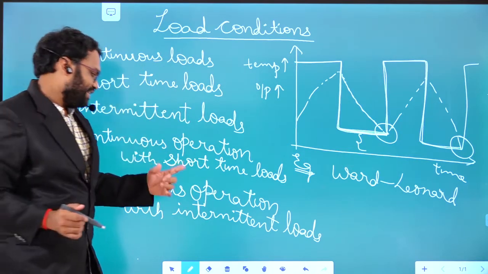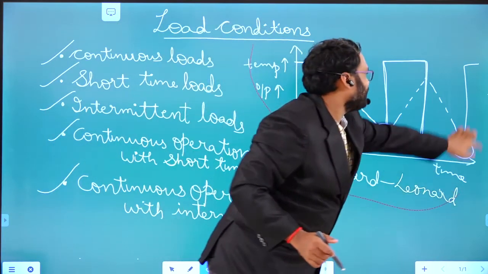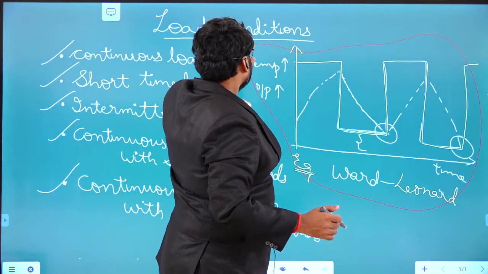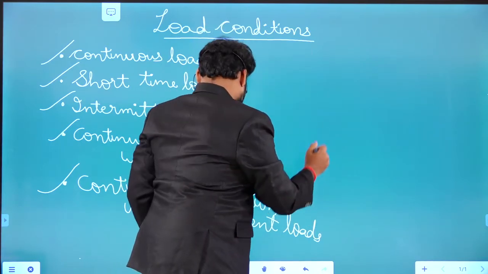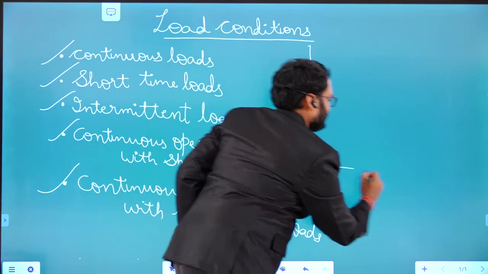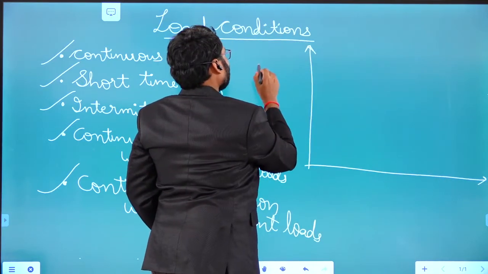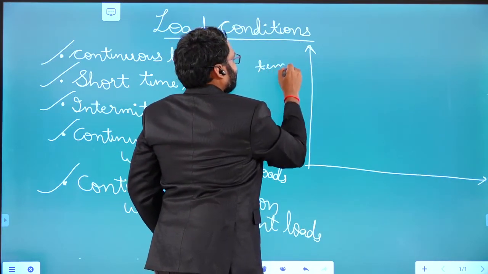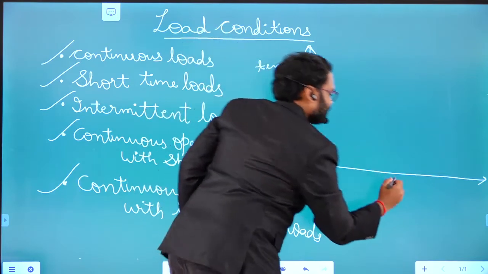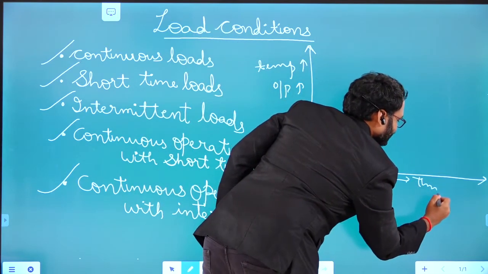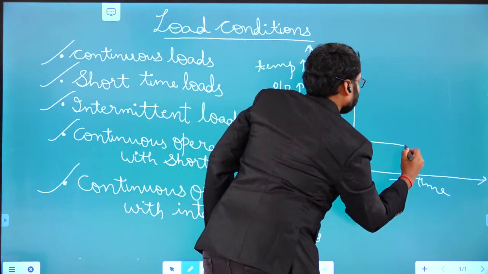Similarly, we will see continuous operation with intermediate loads. Again the same thing: temperature and output on the y-axis with respect to time, and the output load torque is continuous.